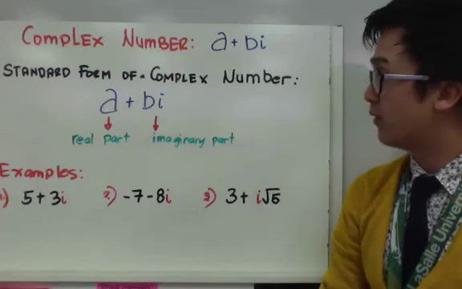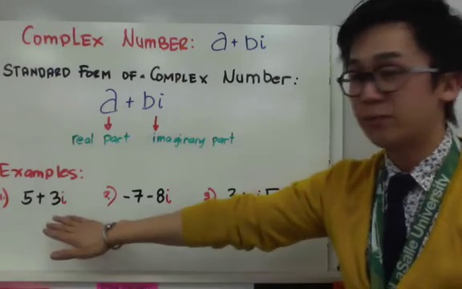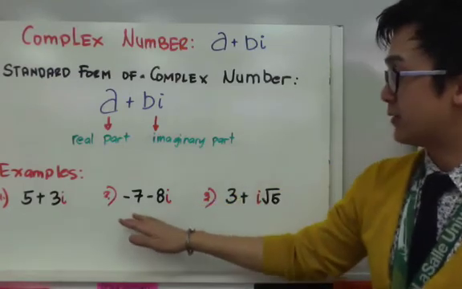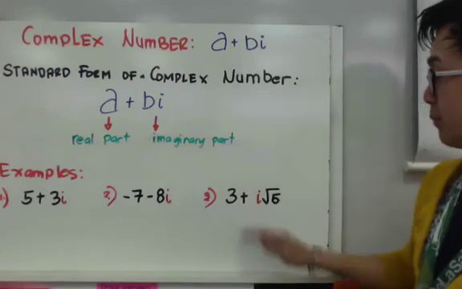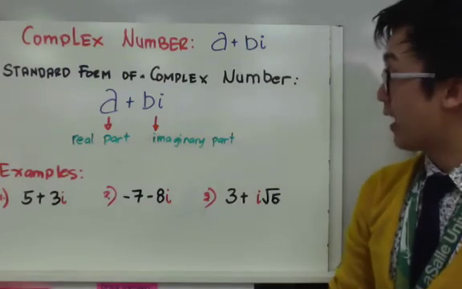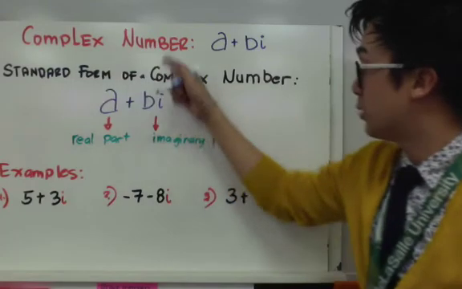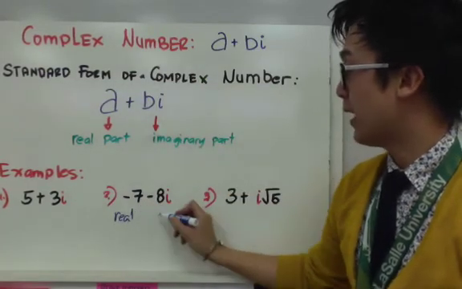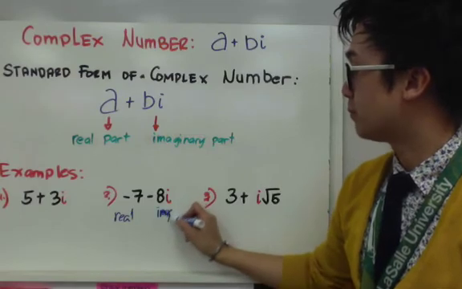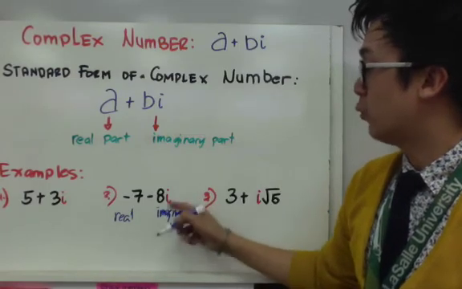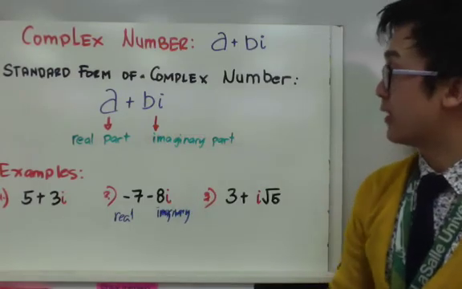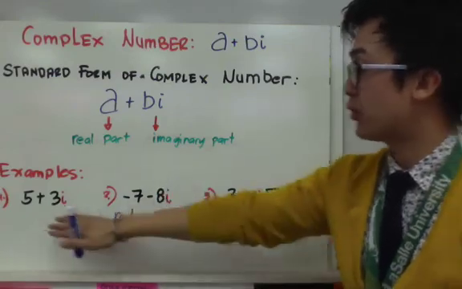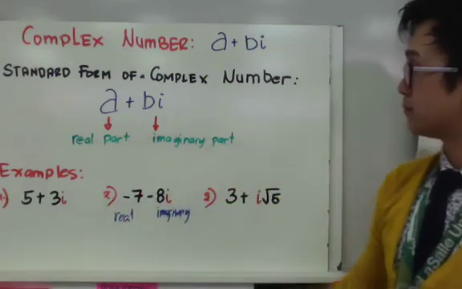An example of complex numbers will be 5 plus 3i, negative 7 minus 8i, and 3 plus i square root of 5. They are complex numbers because we have the real part, which is negative 7, and we have the imaginary part, which is negative 8. So this is a complex number, together with number 1 and number 3.